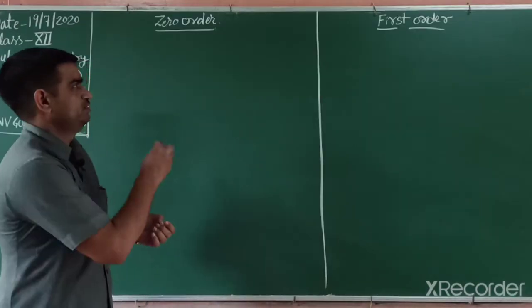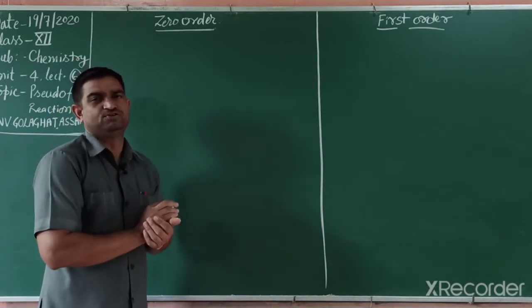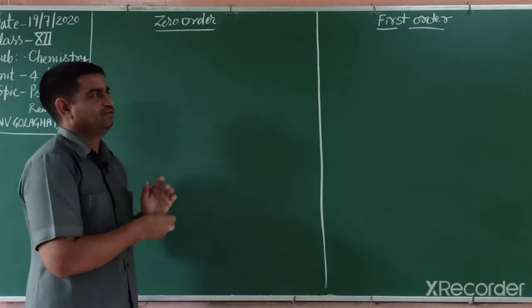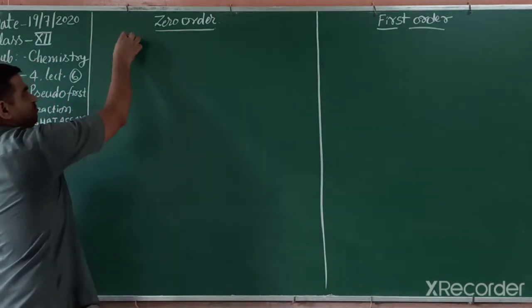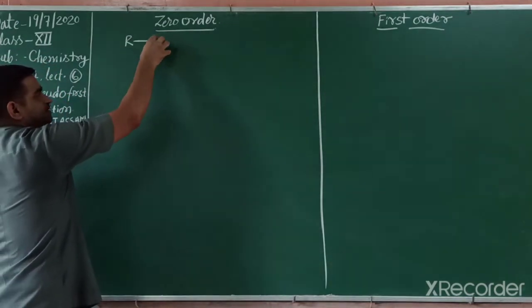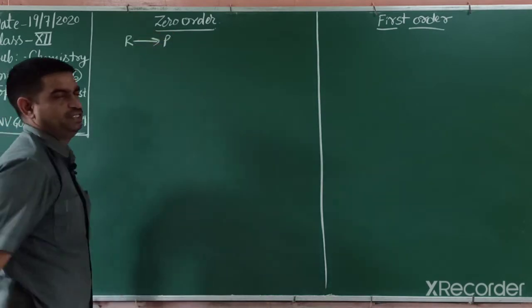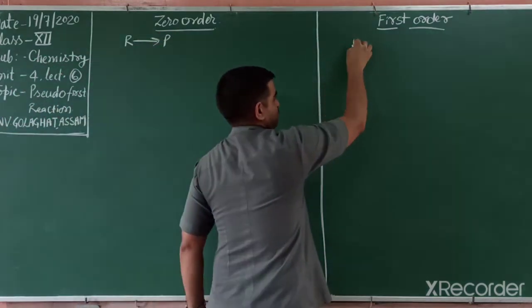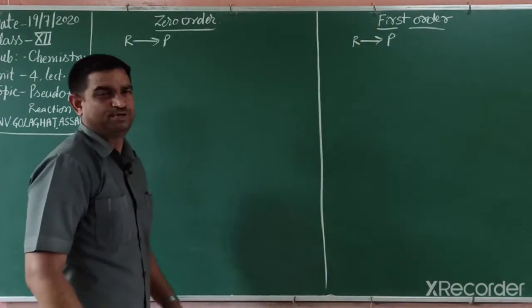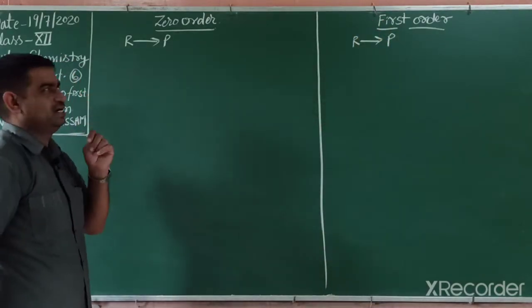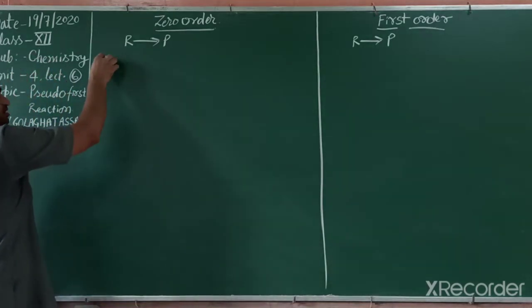Students, our new topic is the comparative study of zero and first order in all forms. First we write the differential rate equation for a general reaction where reactant R changes into P, in both zero and first order, meaning reactant converts into product. How can we write the differential rate equation?